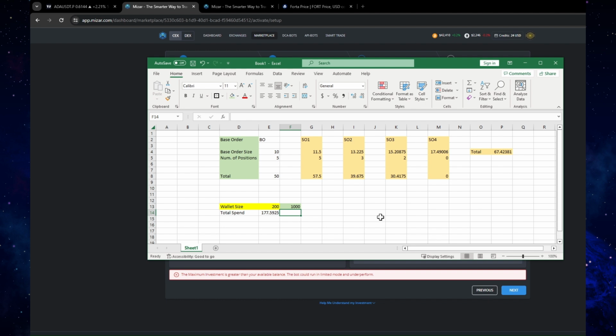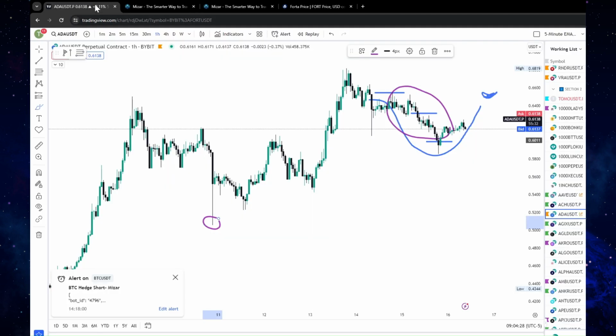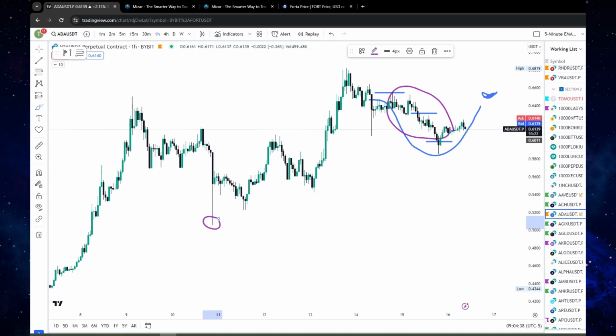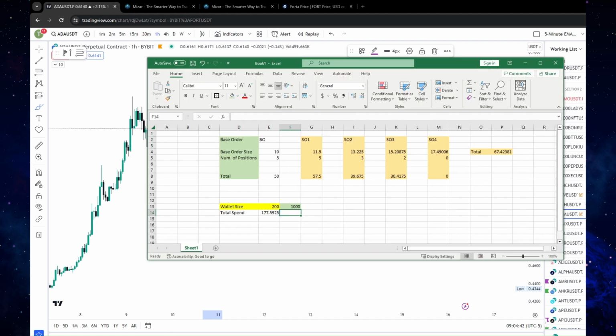Now, I'm not really saying to stretch this more because we do want to have a little bit of free capital to buy these types of opportunities. So it needs to be balanced like everything.